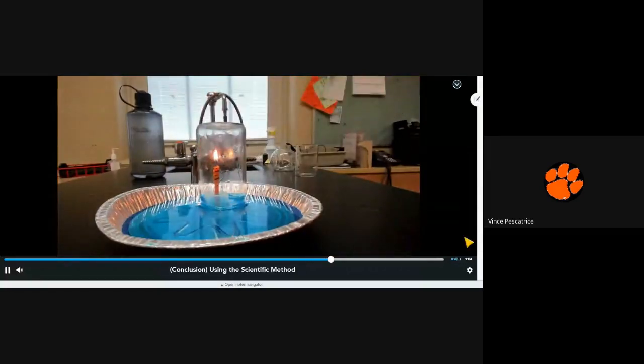And we got the jar. What I want you to do is pay attention to where the line on the jar is approximately. And how did that compare to the one we saw on Friday? This is the line right here I want you to think about.